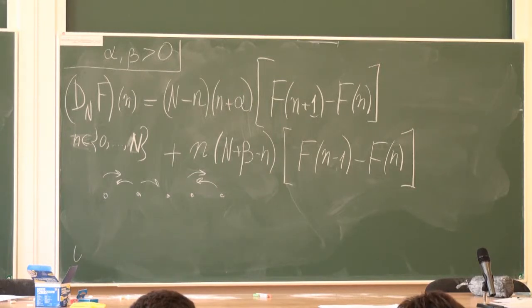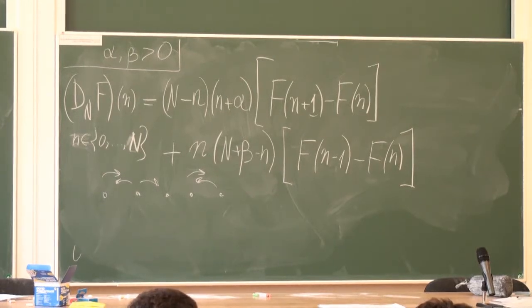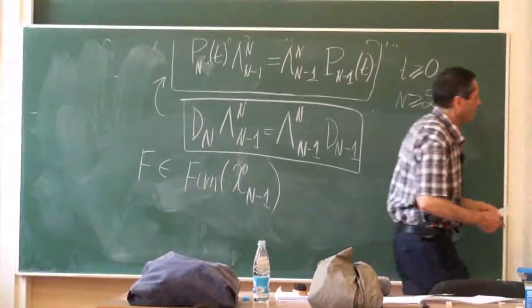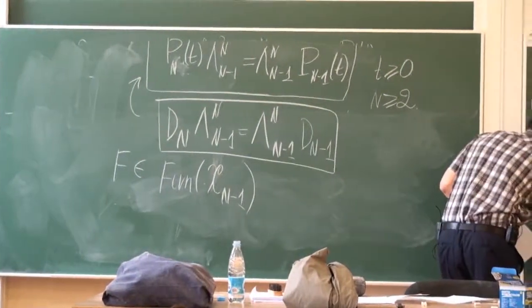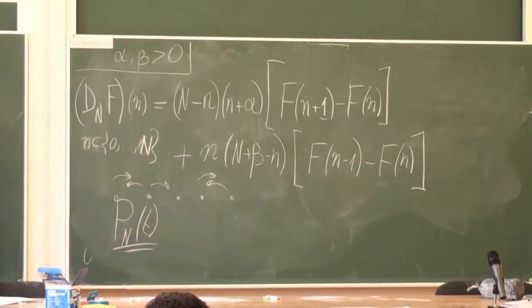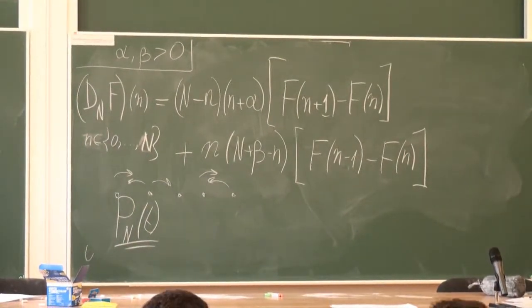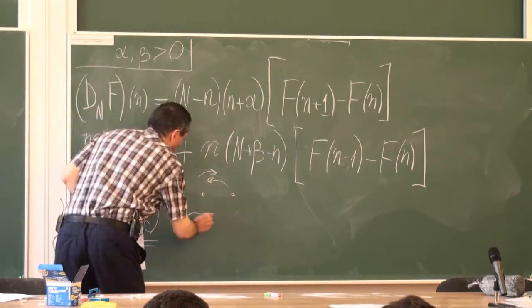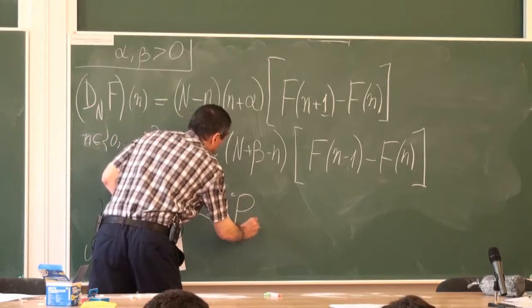And one can prove, using the result which allows us to go from this to this, that we get a semigroup, and by the trivial general result, this produces a semigroup on the boundary.